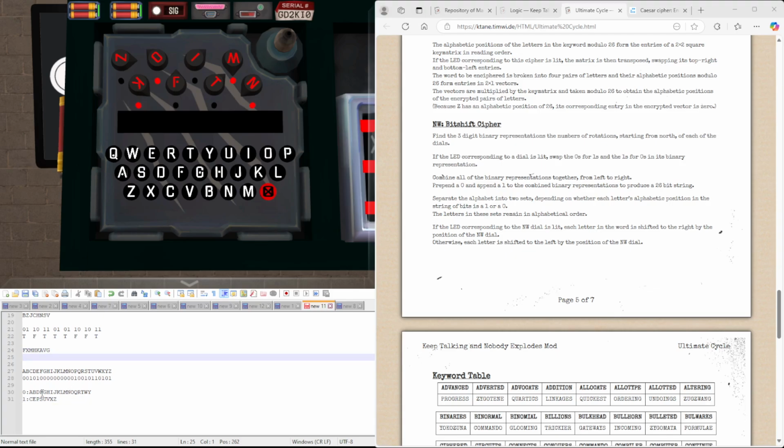So the northwest dial is 3. 3, 1, 2, 3, 1, 2, 3, 1, 2, 3, 1, 2, 3, 1, 2, 3, 1, 2, 3, 1, 2, 3.